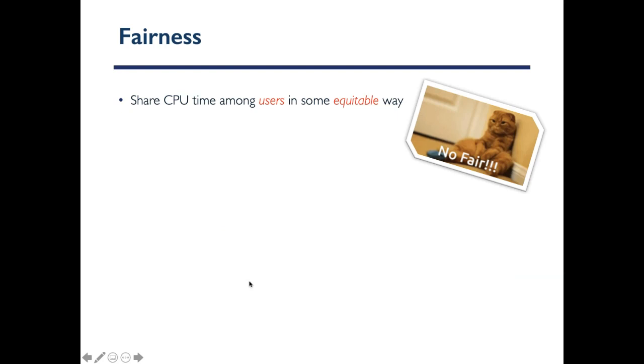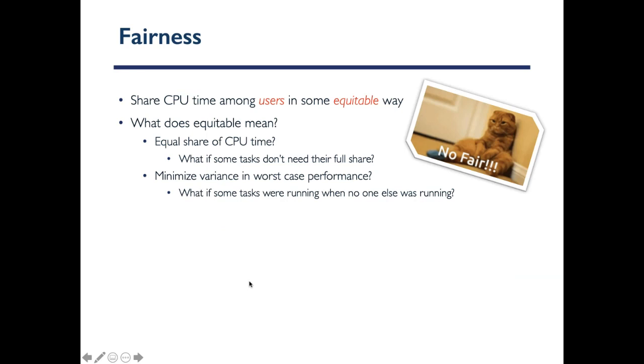But if you need to guarantee some notion of fairness, then the most general way to look at it is that you need to treat your users in an equitable way. That is very general. Now you have to define what it means to be equitable. There are different ways to define equitable. One is maybe what you mean is give them all equal CPU time.